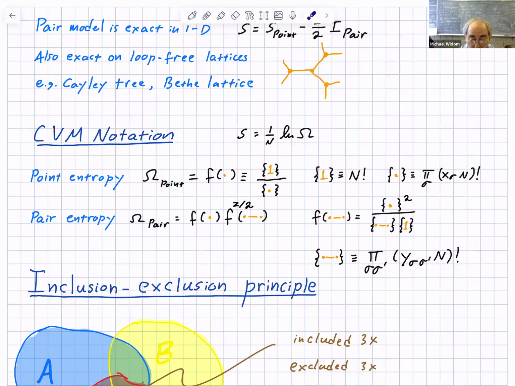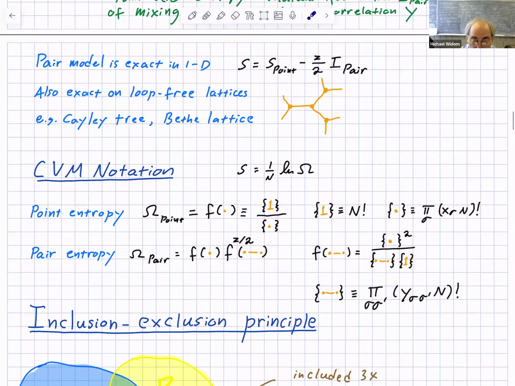What is omega pair? So for omega pair, we need to get this expression. Well, omega pair is f point times f to the power z over 2 f pair. And what is f pair? F pair is a product over y sigma sigma prime n factorials.